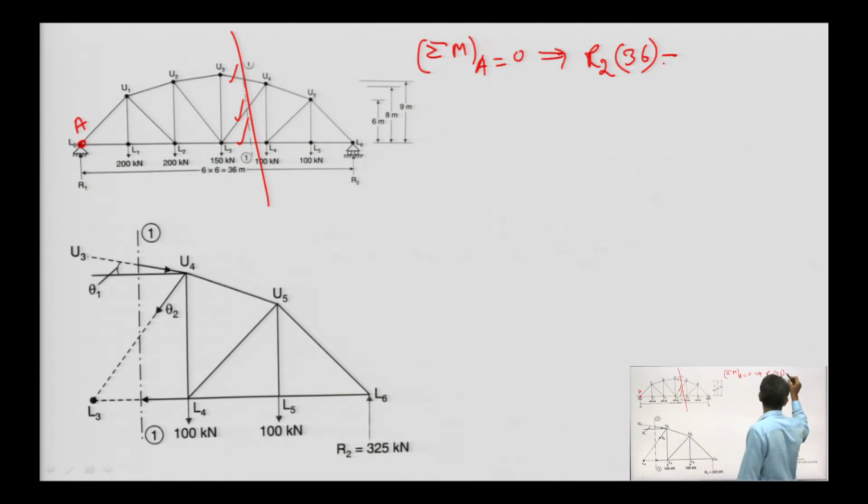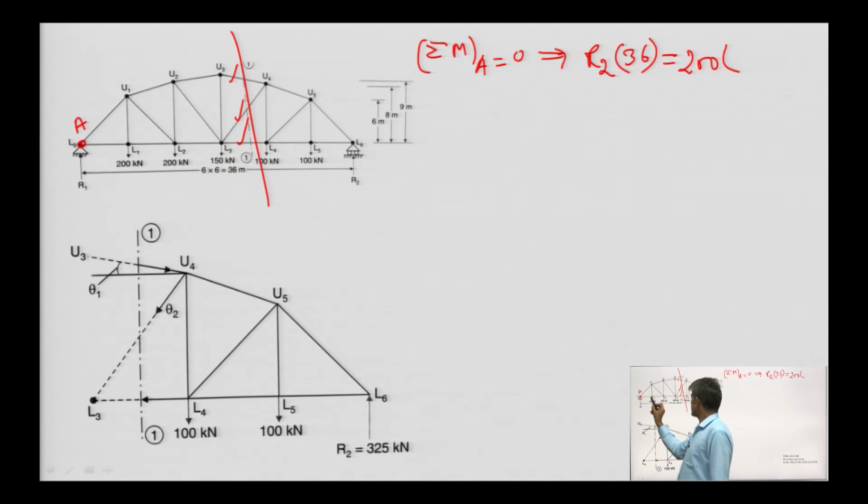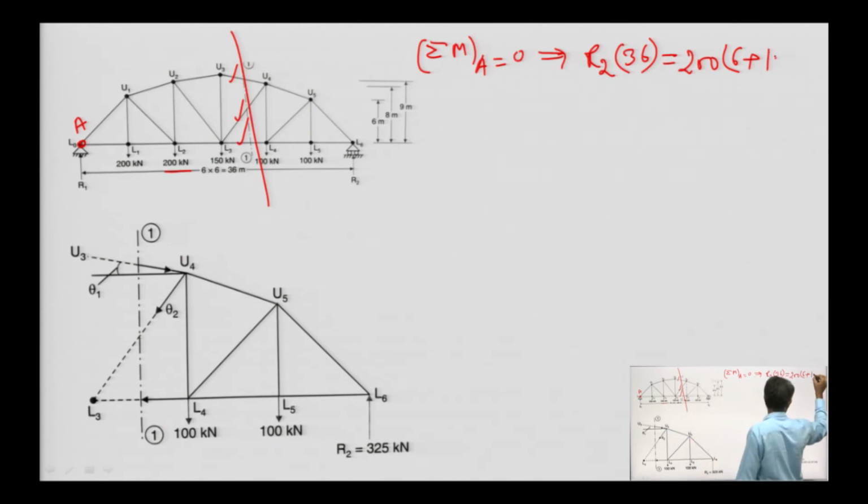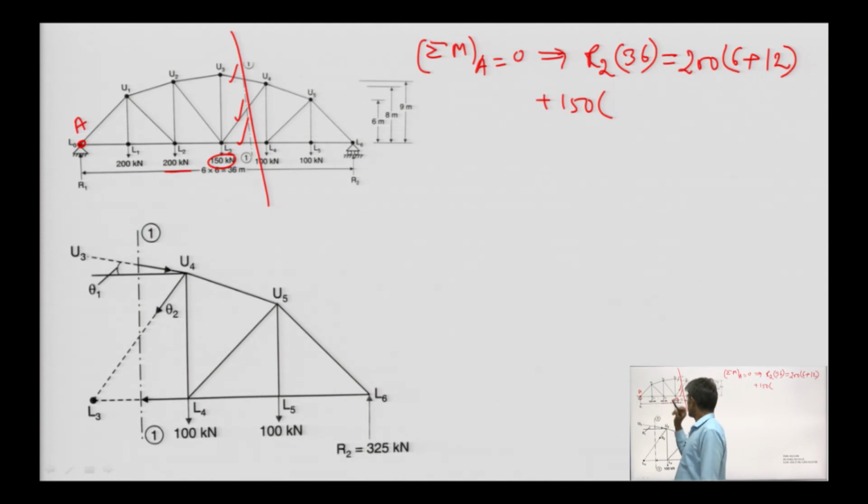So, we can equate it equal to 200 into this distance 6, plus this one force. For this force, the perpendicular distance will be 6 plus 6, so here we will write plus 12, this one 150. So, plus 150 and perpendicular distance 6 plus 6 plus 6 means 18, and plus this one 100.